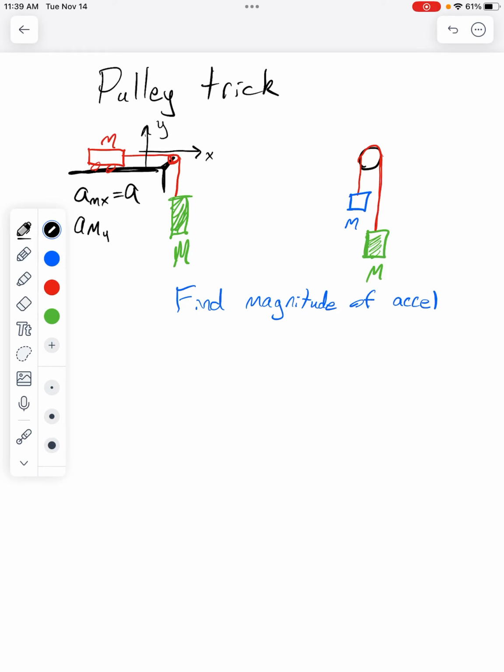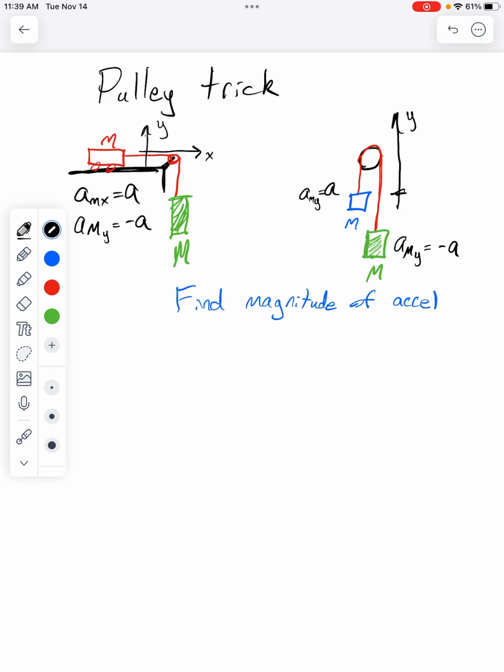And the acceleration of big M in the y direction was equal to negative a. Similarly, over here, we found that the acceleration of little m in the y direction is a, and the acceleration of big M in the y direction is negative a. And that was using this coordinate system.